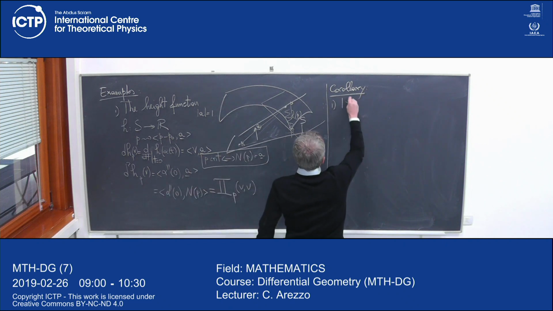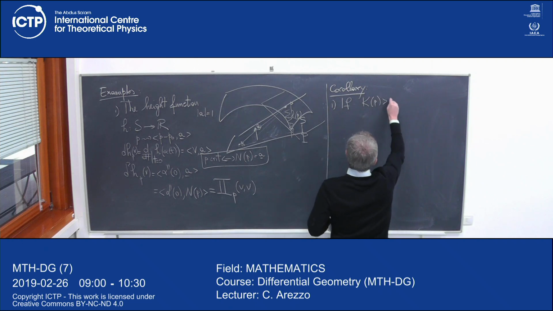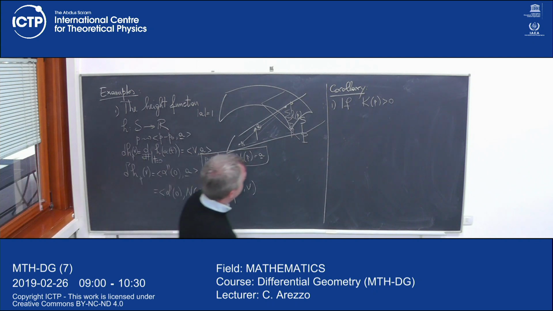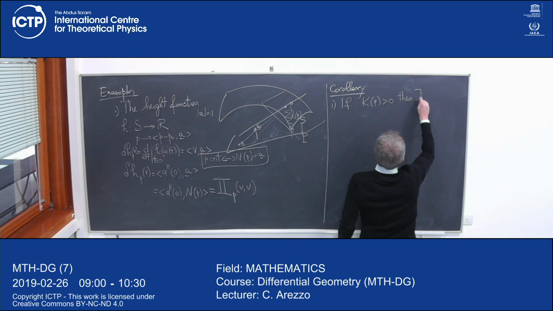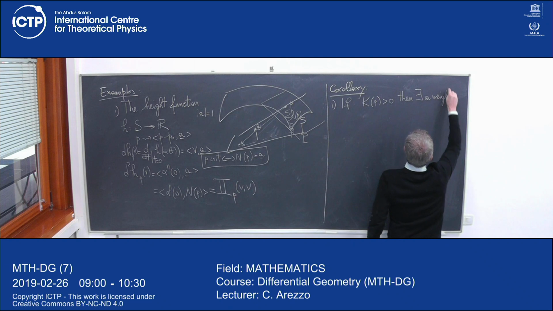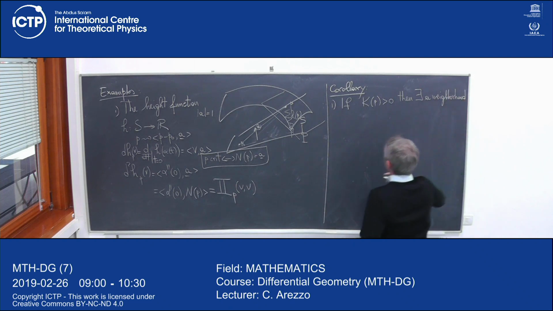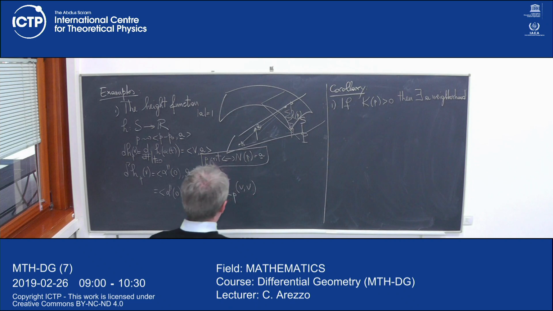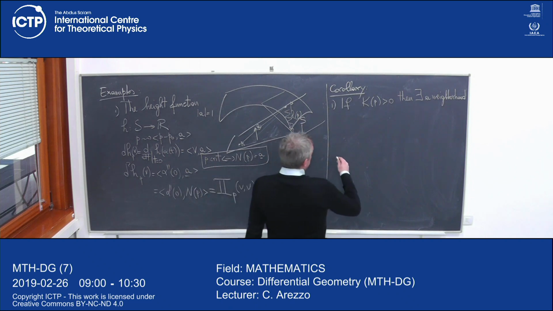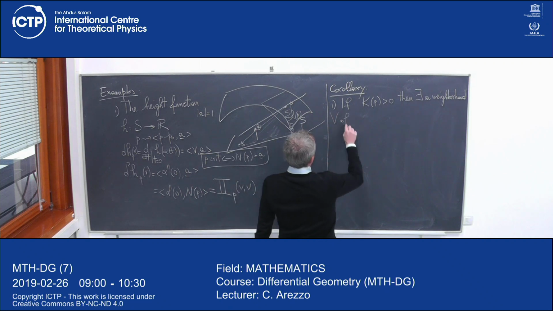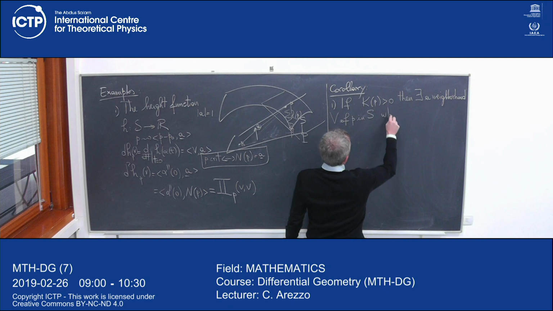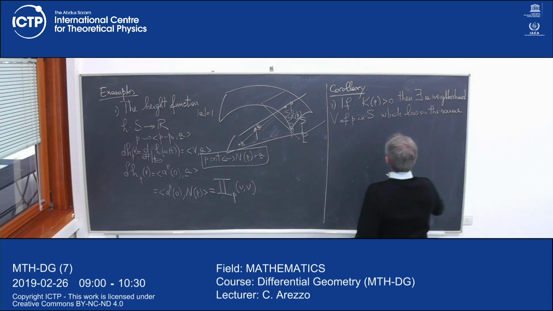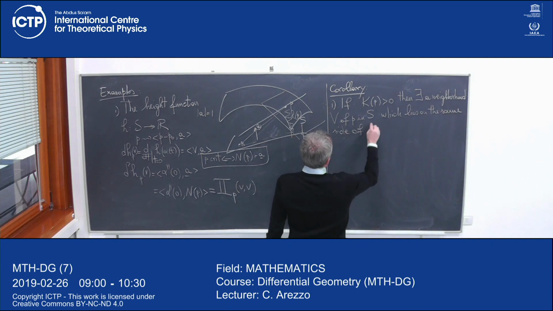So one: if K at P is positive, if you have a point where the Gauss curvature is positive, then there exists a neighborhood, let's call it V, a neighborhood V of P in S, which lies on the same side of the tangent plane T_P S.